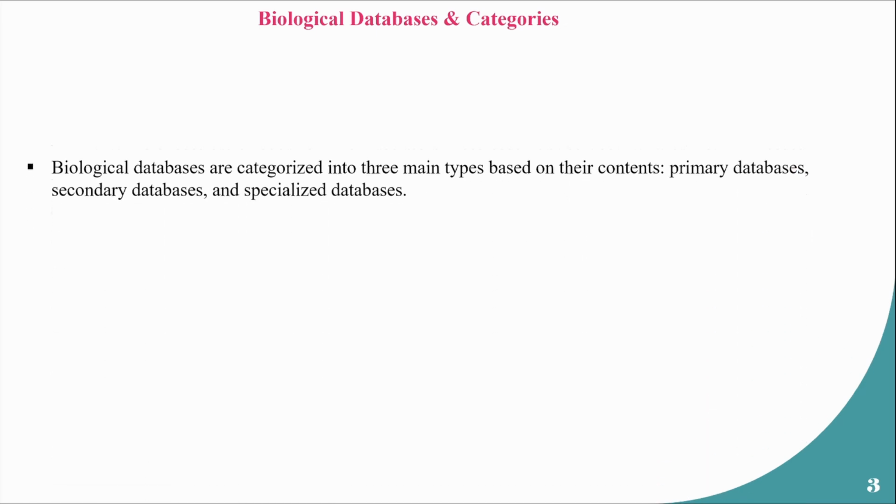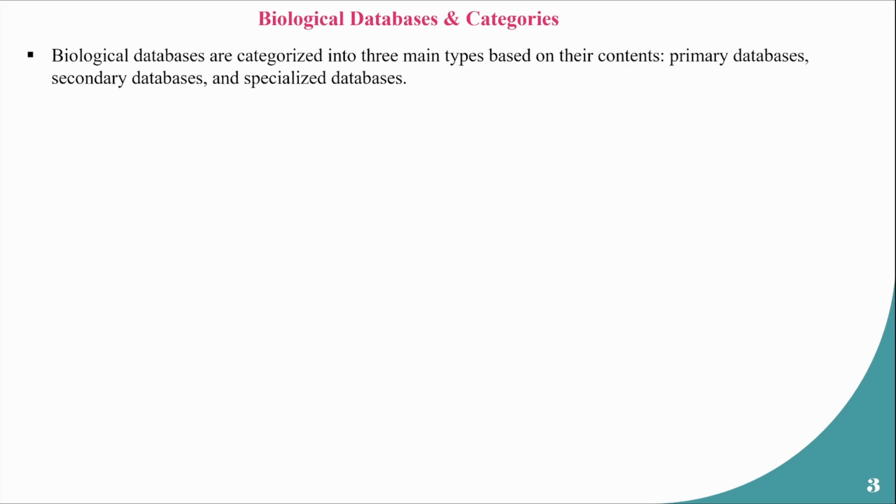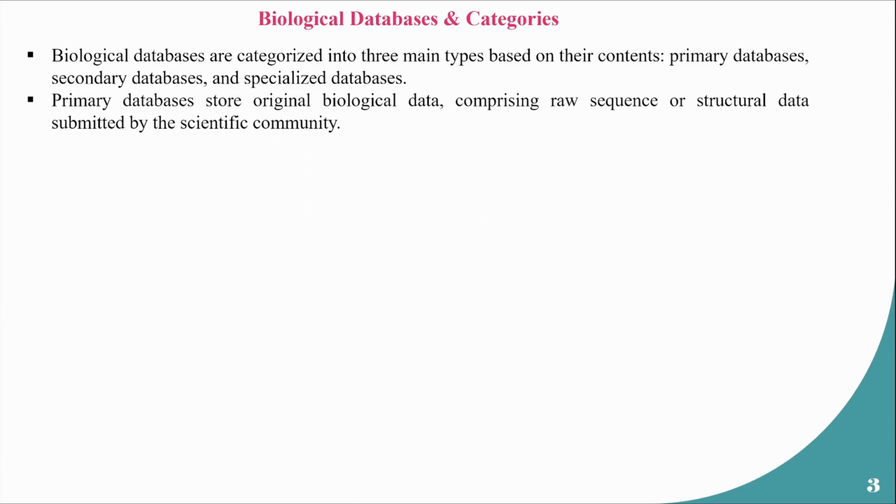Now, if you talk about the biological databases, based on the types of their contents, they are basically divided into three types: primary databases, secondary databases, and specialized databases. Primary databases store original biological data such as raw sequence or raw structural data submitted by the scientific community.